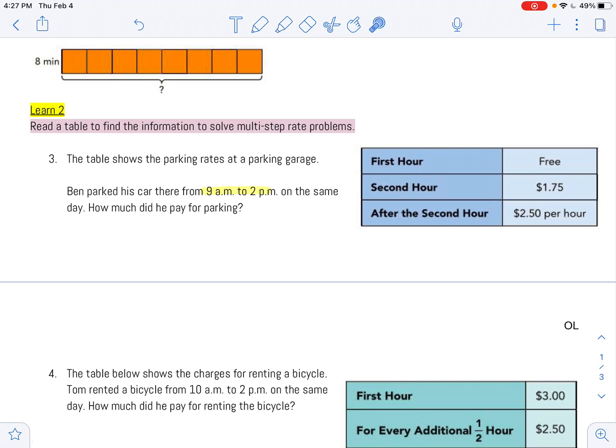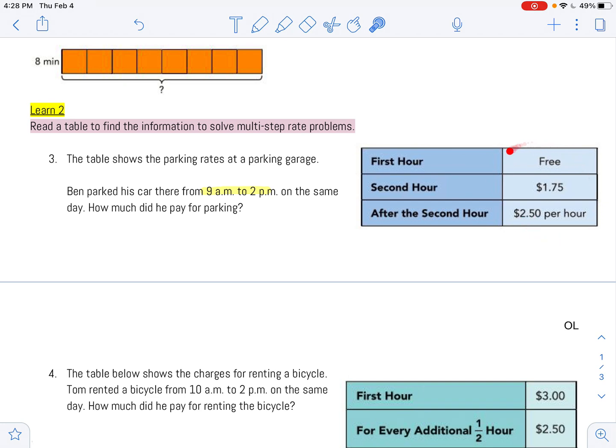So if we look at our table, it's telling us that on the first hour, it's going to be free. It's not going to cost Ben any money to park the first hour. The second hour that he's parked there, it's costing him $1.75. Then after his second hour, every hour after the second hour is going to be $2.50.